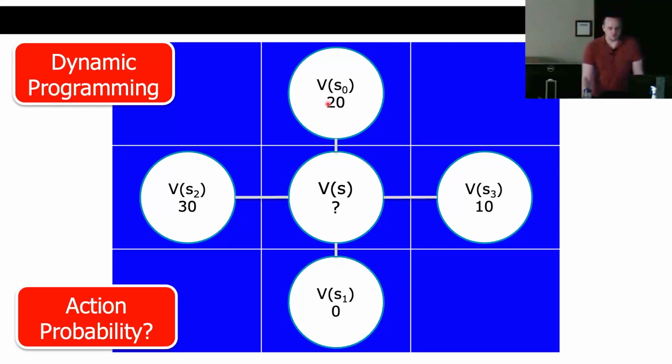So if there would be two 30s here, we would say go left with 50% probability, so 0.5, go up 0.5, go right 0, go down 0. So if there are multiple maximums, we want our policy to say choose each of them with an equal probability, depending on how many there are. So if they were all the same, we would choose each action with a quarter probability.